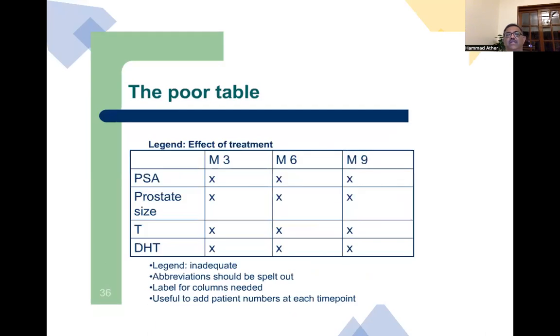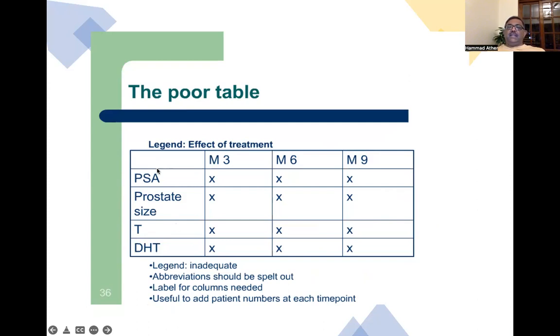Again, if you look at this table, it's really a poor table. The legends are inadequate, and abbreviations are not spelled out, so people may not know what DHT is, or what T stands for. Maybe I know that DHT stands for dihydrotestosterone, T for testosterone, and PSA for prostate-specific antigen, but most people would not.